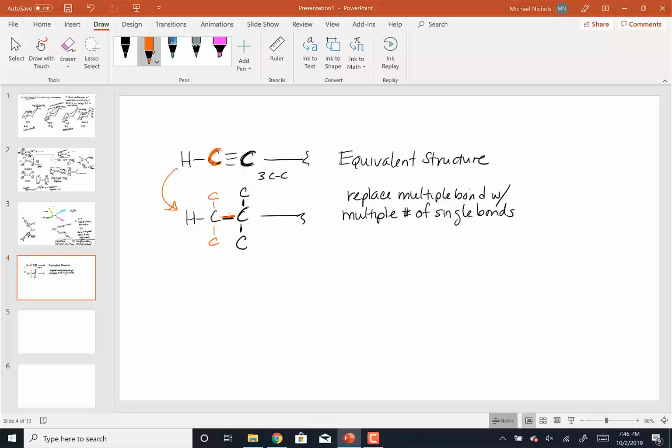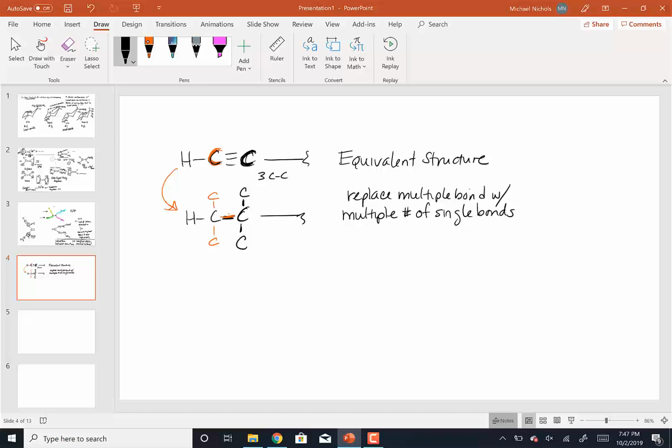Now, this has no physical or chemical reality. This is just a game that we play to take a carbon that has one atom attached to it and make it so that it has now 3 atoms attached to it, so that now I can do my comparison.